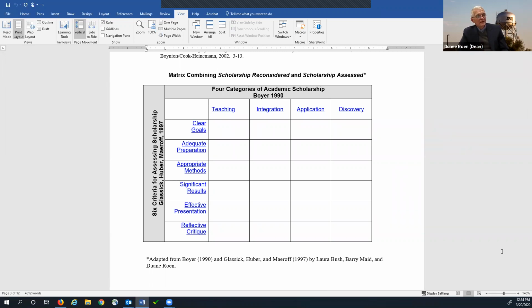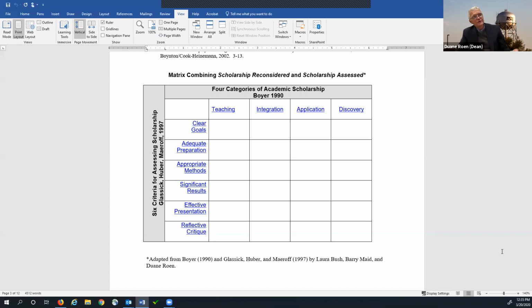By the way, the classic Huber and Maroff book, the way they came up with those 6 criteria, clear goals, adequate prep, and so on, is they surveyed publishers of academic presses and other scholarly presses. They surveyed people who are engaged in decisions about promotion and tenure, and they asked them to list the criteria for high quality scholarship.